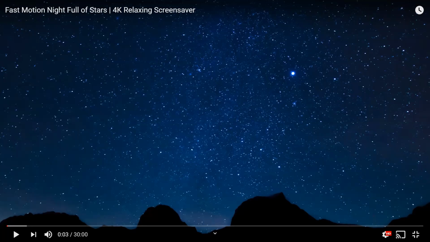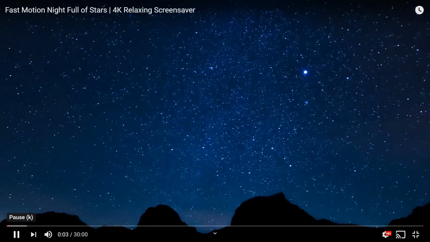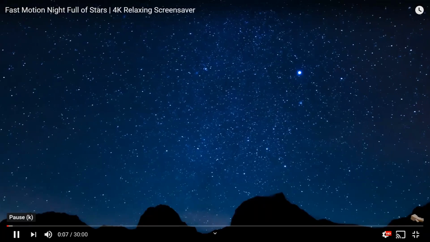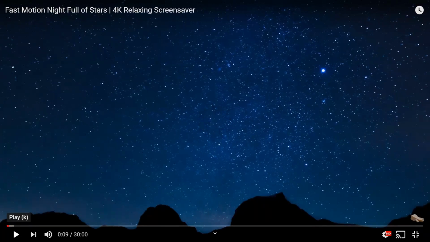So here's a sped up recording of the so-called diurnal motion of the night sky. Diurnal means daily. If you'd like to know a number, it takes about 4 minutes for the stars to move through 1 degree.